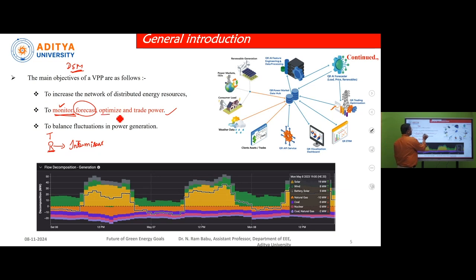Next one is optimize. Let us take an example of our household. Let us assume our household has automated devices: a room cleaning robot, an automatic dishwasher, and a washing machine.